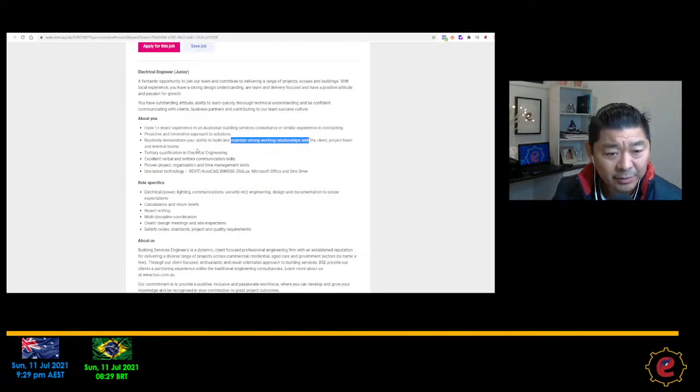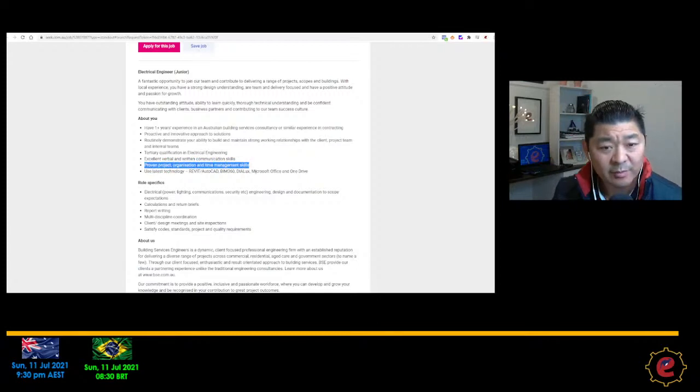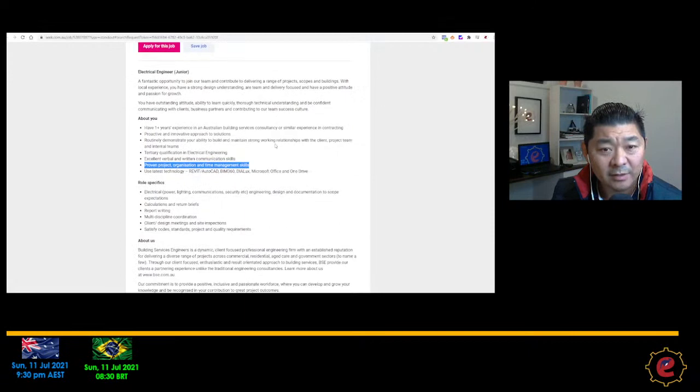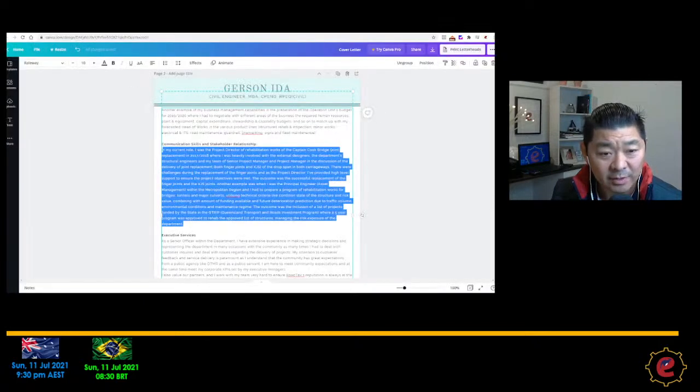And also I think there's probably another area that you could include as part of your key competencies, which is project management. As an engineer, having very good project management skills is probably going to impress the recruiter as well.